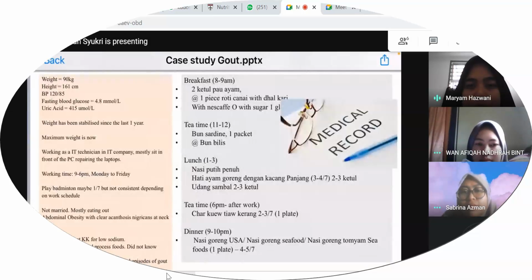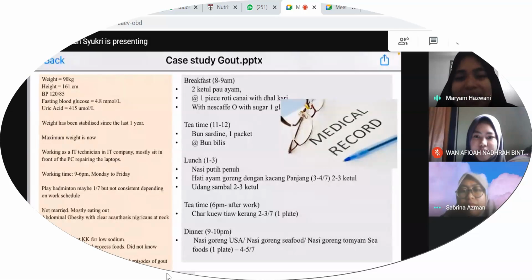He consumes high purine diet, high purine food in his meal. And maybe I will highlight the food that is high in purine. Okay, present lah Mariam. Then you tell me. Jangan describe, present.